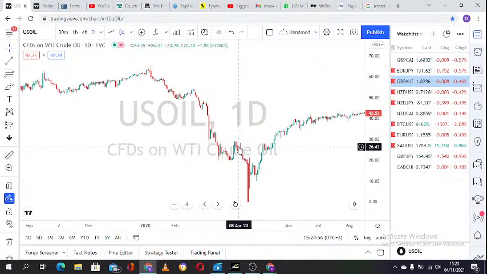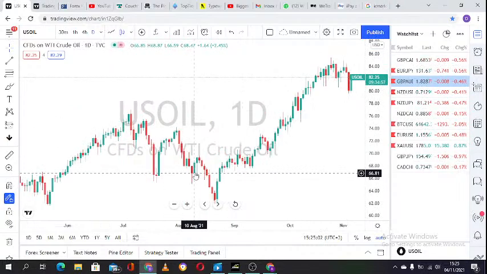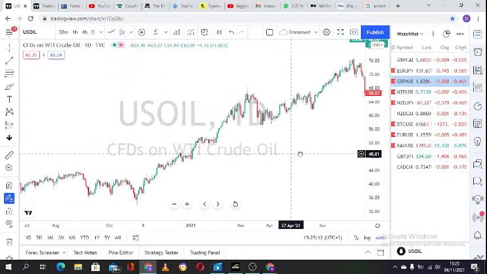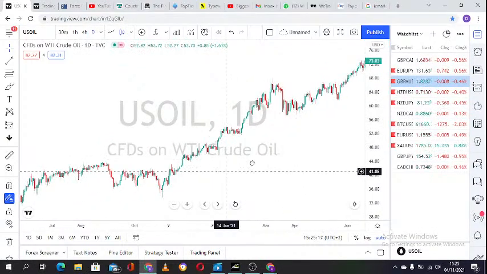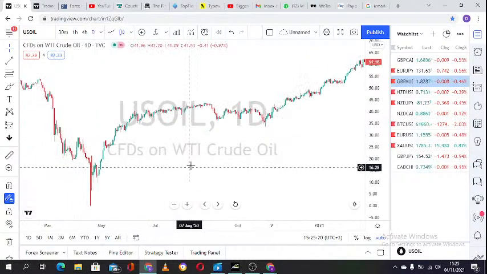Around this area, our brokerages banned us from selling. At around zero, when the crash finally happened, the brokers finally blocked the sales, and they sent us an email telling us we can only be allowed to buy.